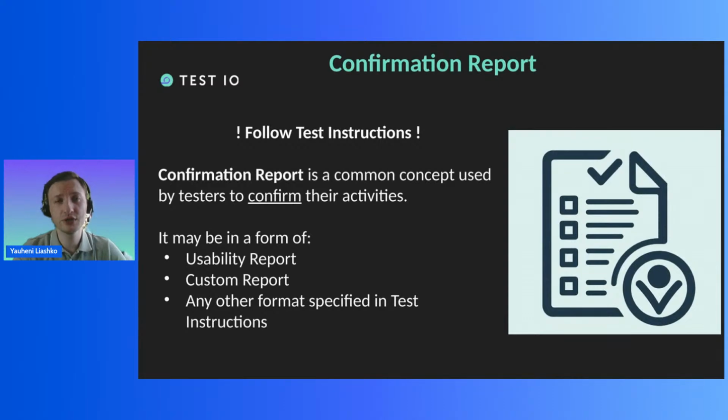So, as I mentioned, the right place to find how to submit this confirmation report is to check test instructions. They will be quite detailed and will explain what to do to confirm your activities and to get paid for them, right?